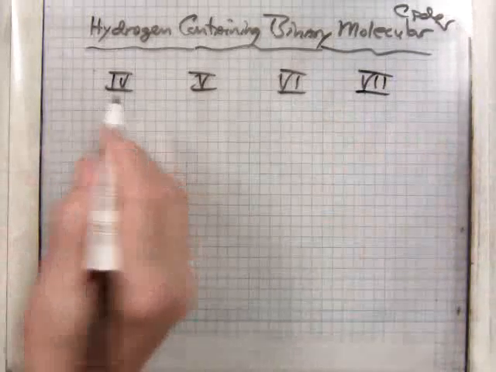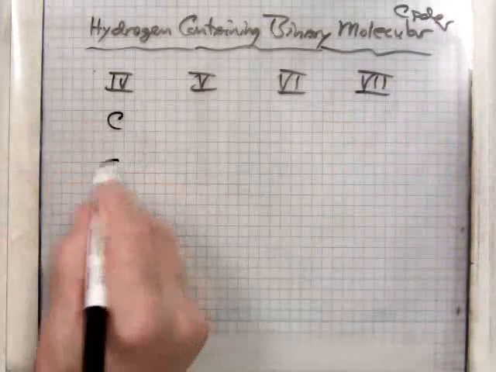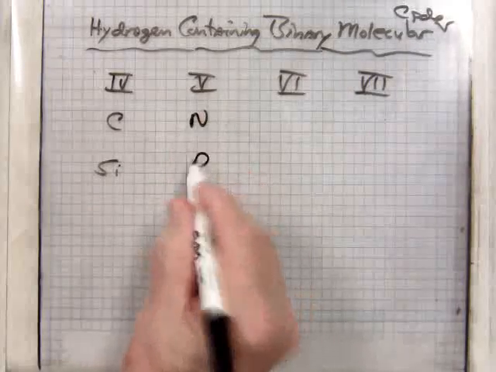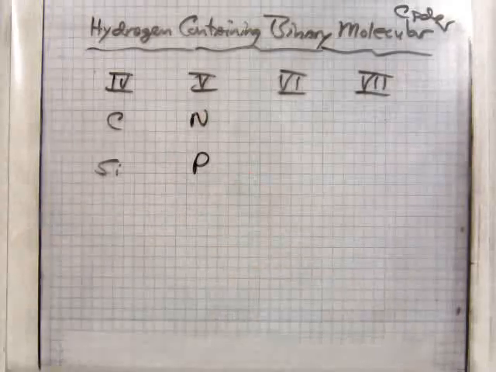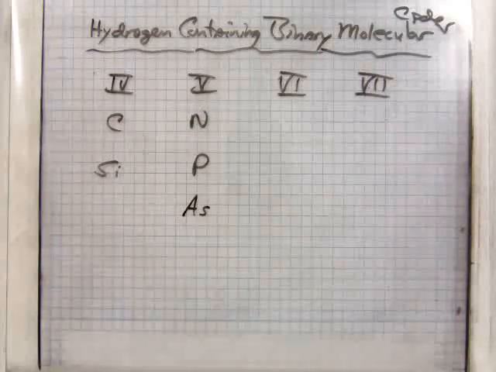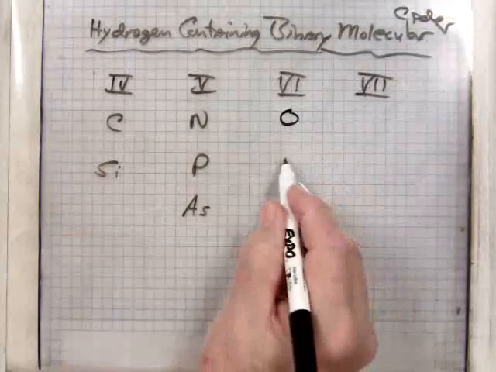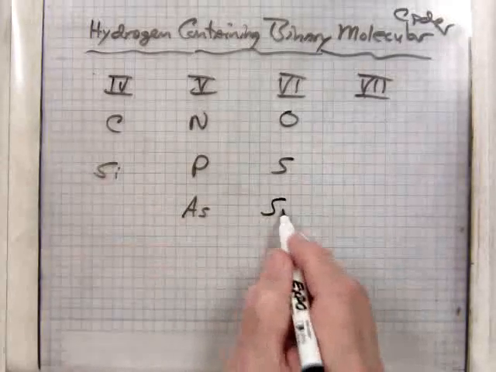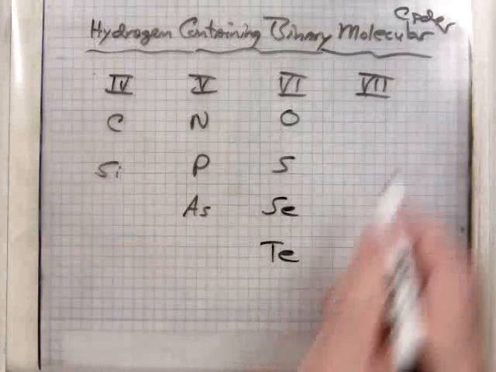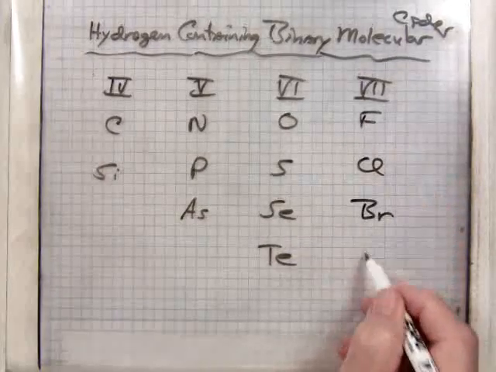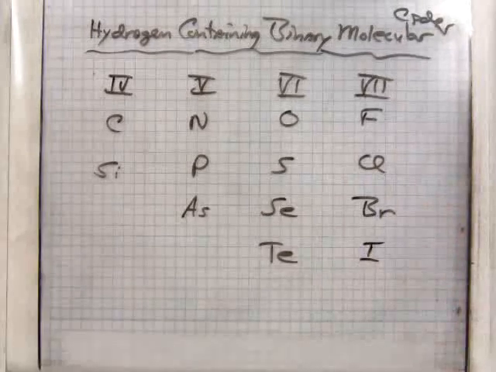And under this we'll start with carbon and silicon, and 5 is nitrogen and phosphorus. We'll go ahead and put the arsenic in there. And then group 6 starts, of course, with oxygen and sulfur, and comes down selenium and tellurium. And then you have the fluorides, chloride, bromide, and iodides like that.